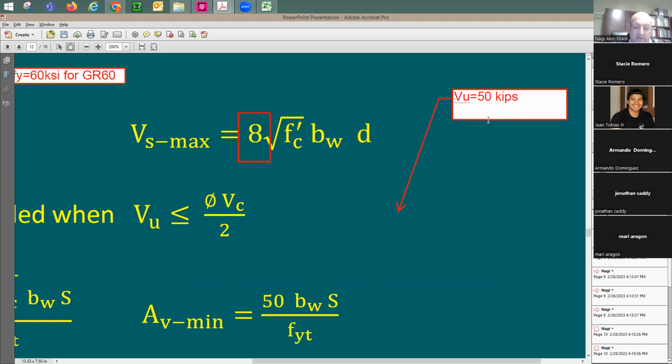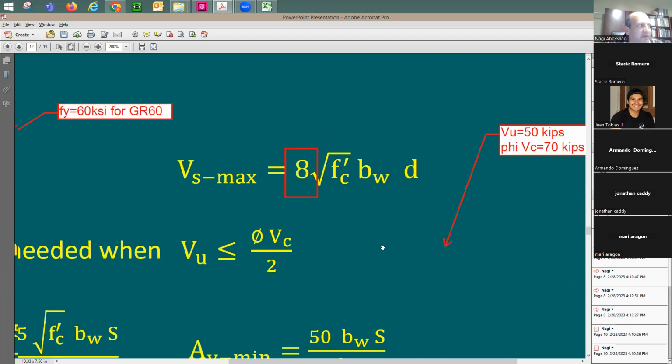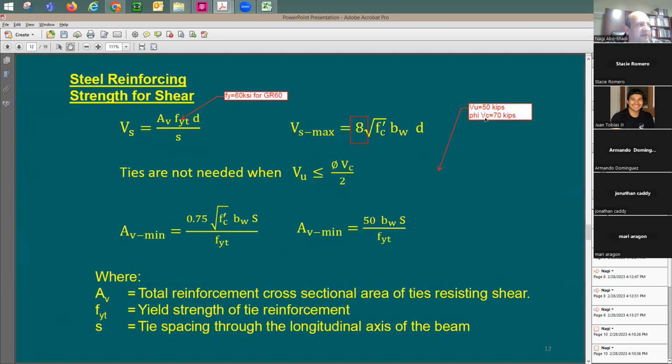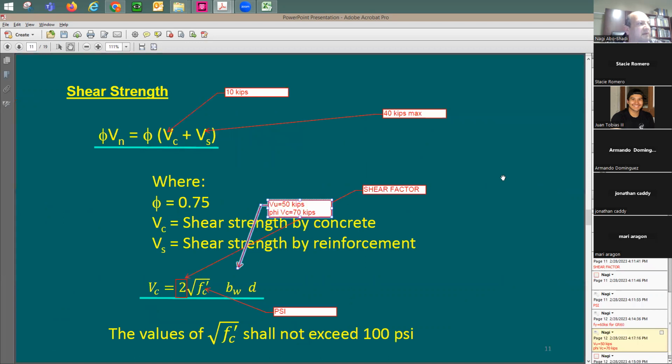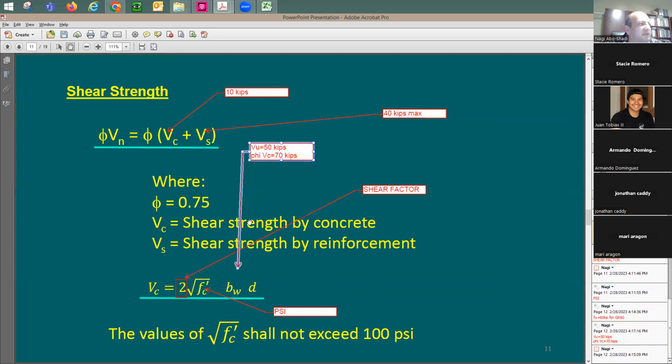Concrete can resist, which means phi Vc equals, I'm going to say, 70 kips. Once you look at this equation and the values, let me go back one step to this slide. Look at this equation here.